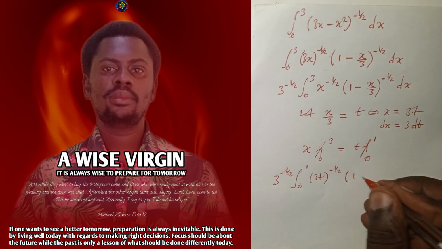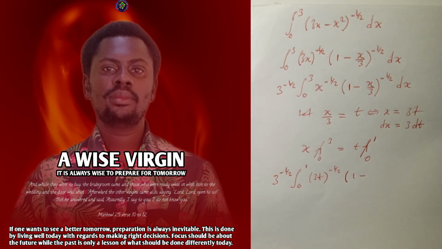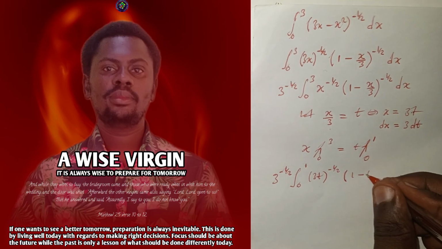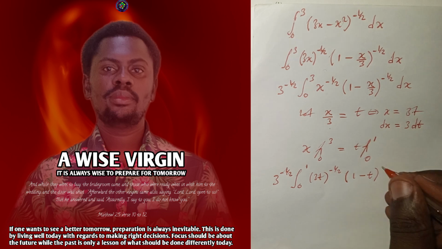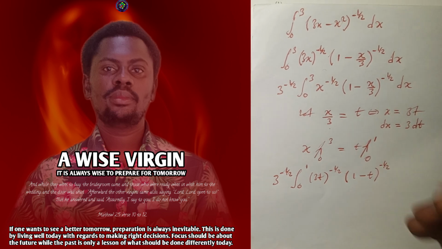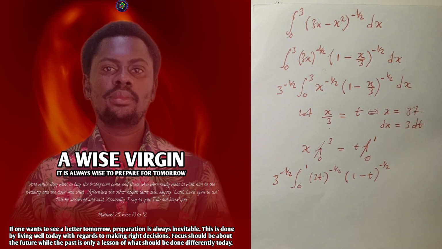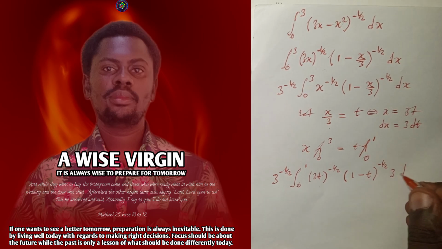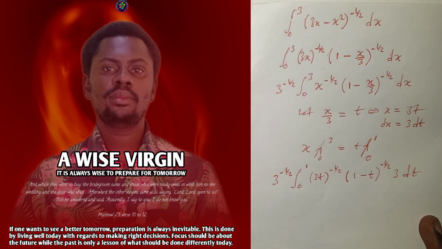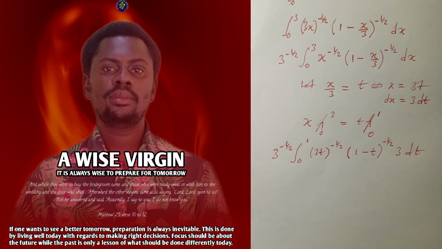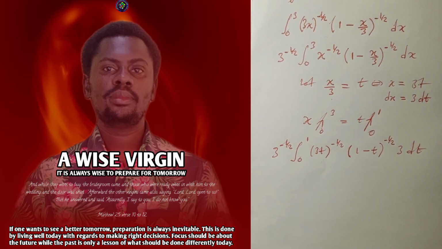Then 1 minus x over 3 is t, so 1 minus t, to the power minus 1 over 2. Where there is dx, it is 3 dt.